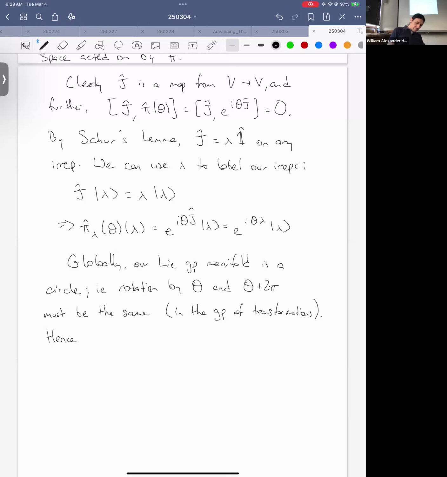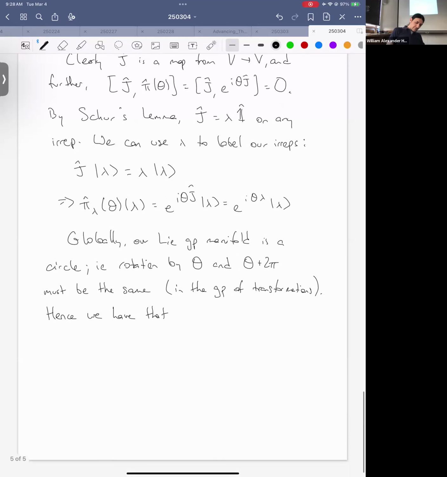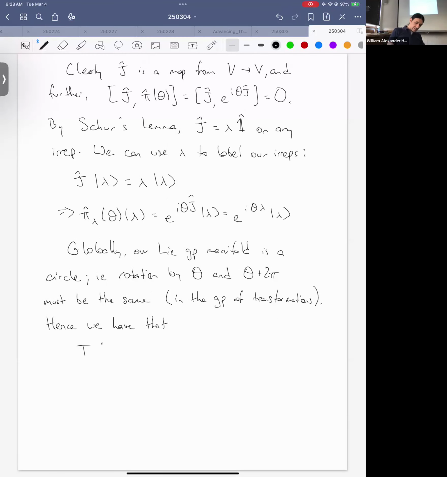So hence, to be very, very clear, let me make it a little bit more clear. The transformation associated with rotations by 2 pi is the identity element in the group.